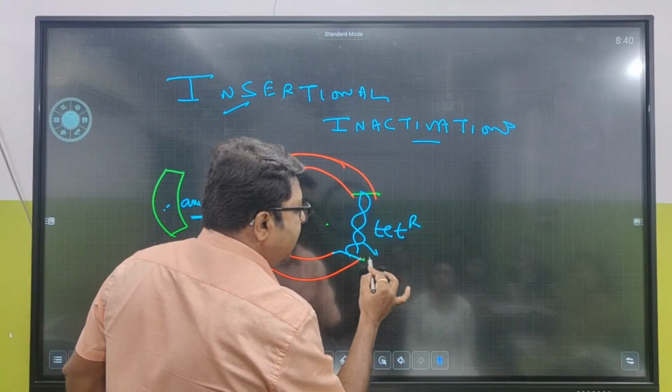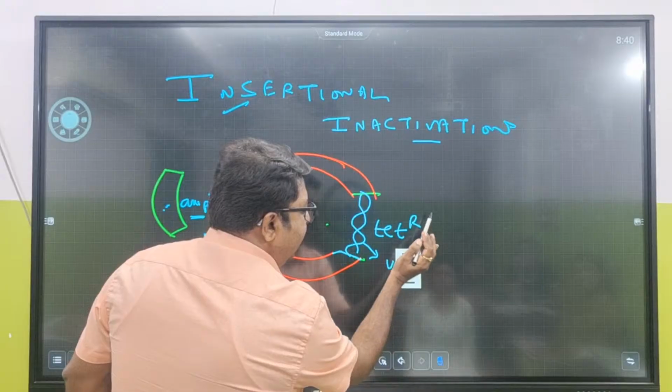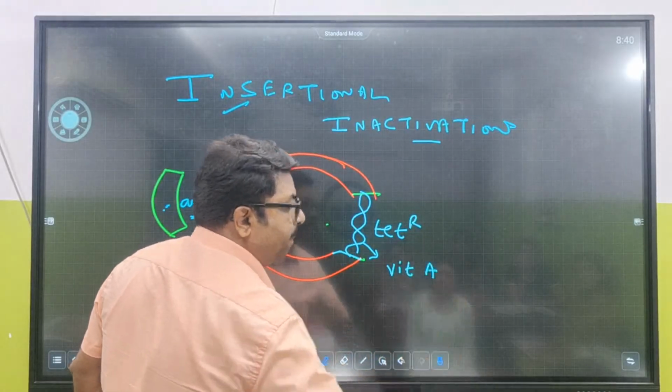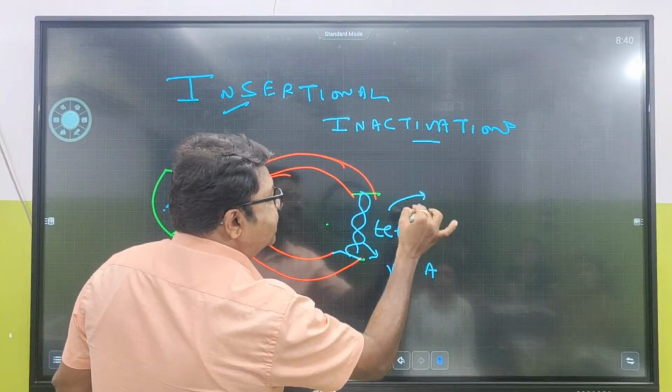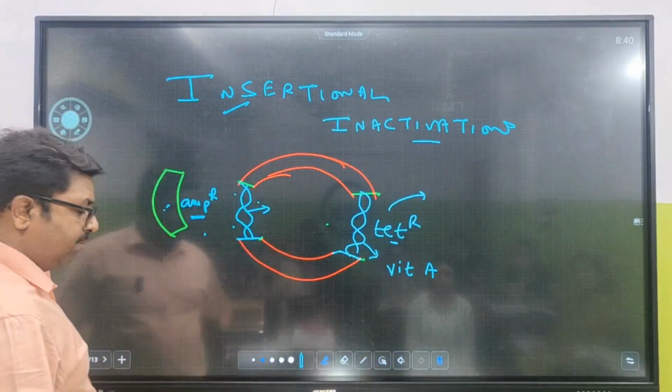Say for example, this is vitamin A forming DNA, and it has cut off this tetracycline site, making insertional inactivation in the tetracycline resistant site.